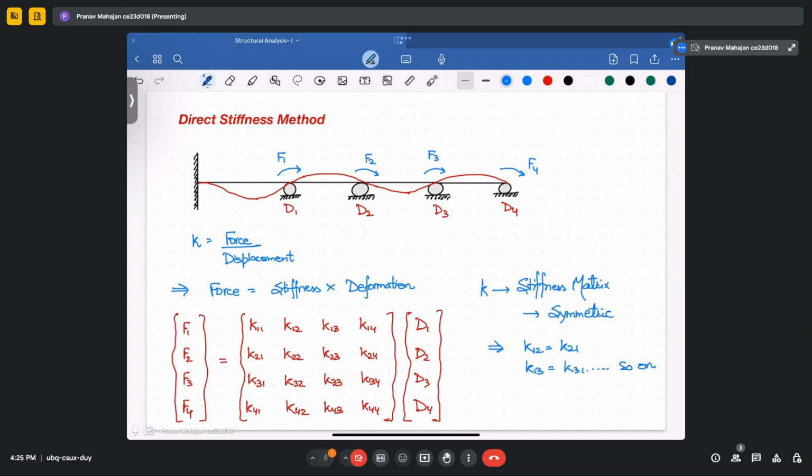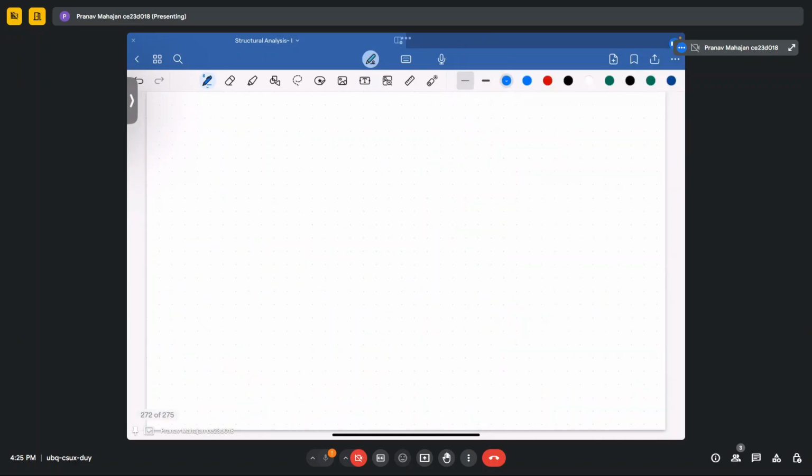So at any particular joint, let's start with a truss member. When you have a truss subjected to a point load at the top, your axial deformation will be in this coordinate.